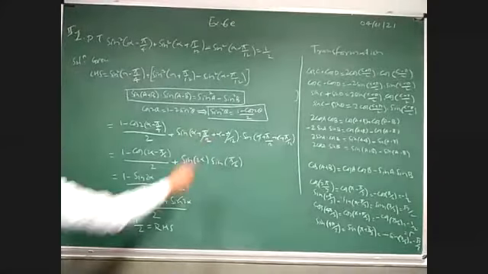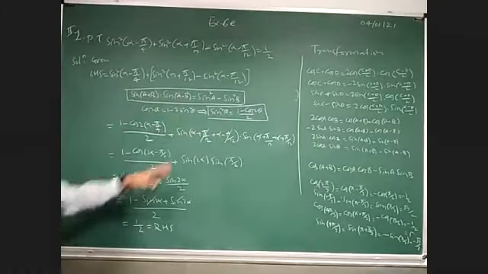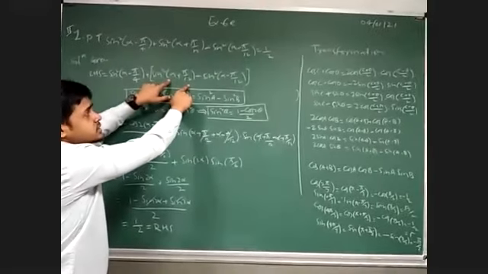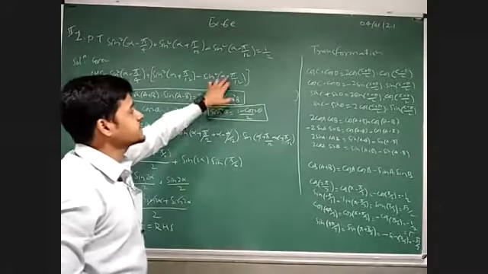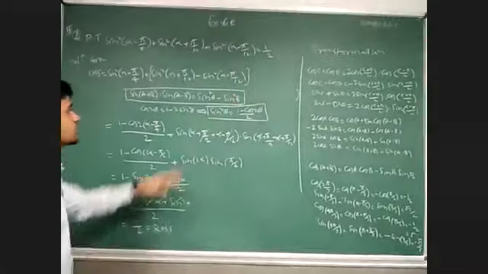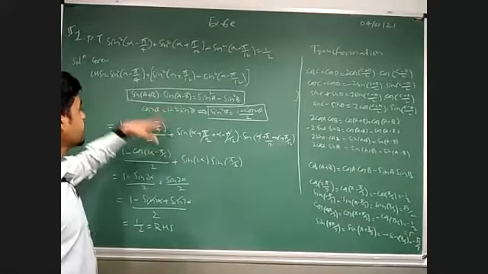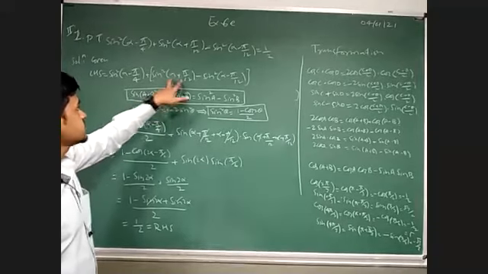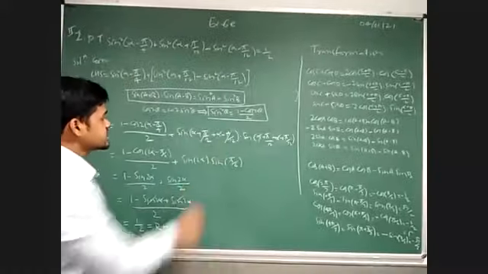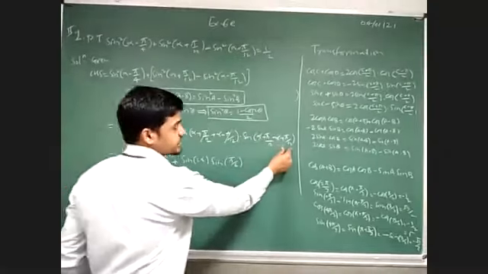I use this formula here and this formula here. Alpha plus pi by 12 I am considering as a, and alpha minus pi by 12 as b. After applying the formula, I will have sine(a plus b) into sine(a minus b).